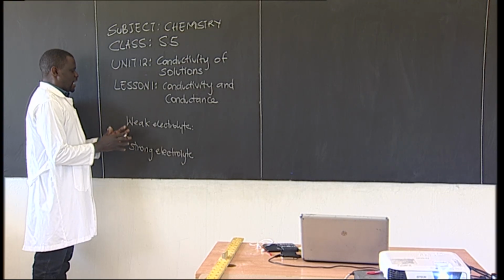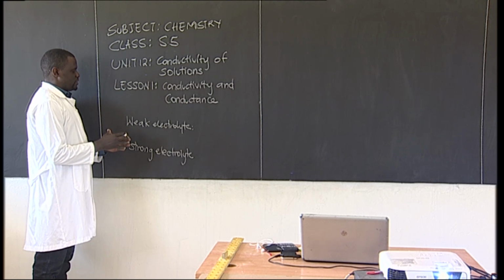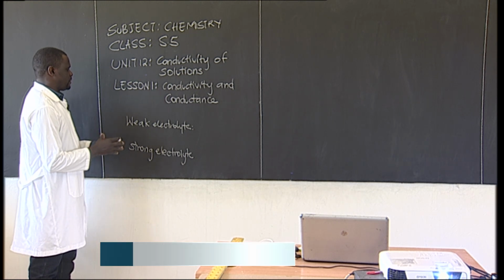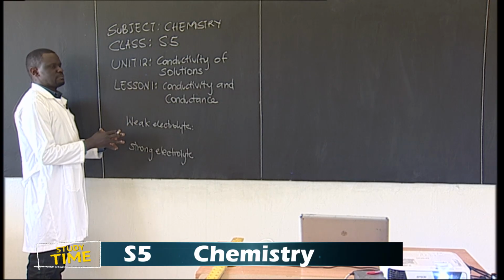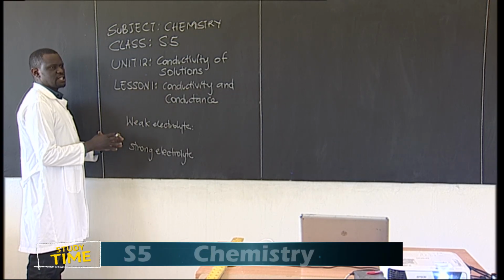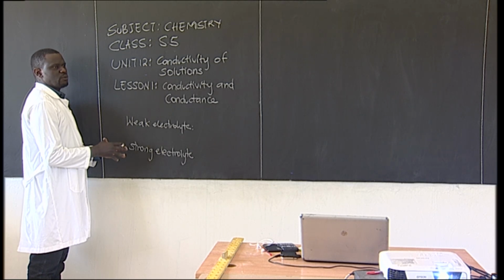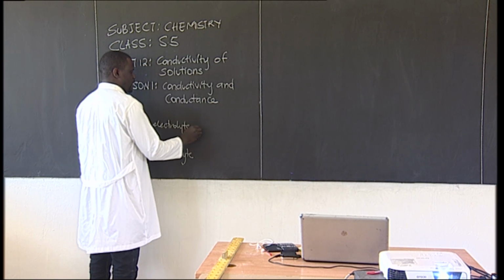Who can define a weak electrolyte? A weak electrolyte is a substance which conducts electricity and partially ionizes in solution. A strong electrolyte fully ionizes in solution.